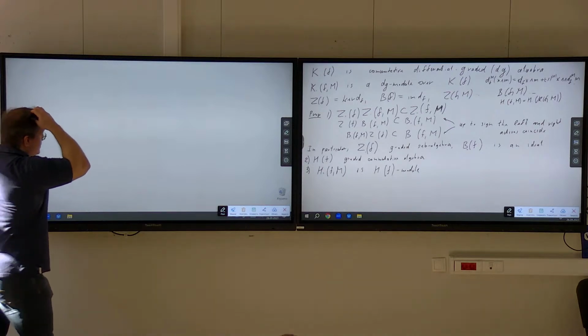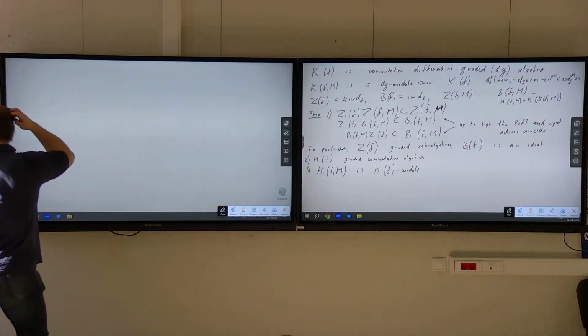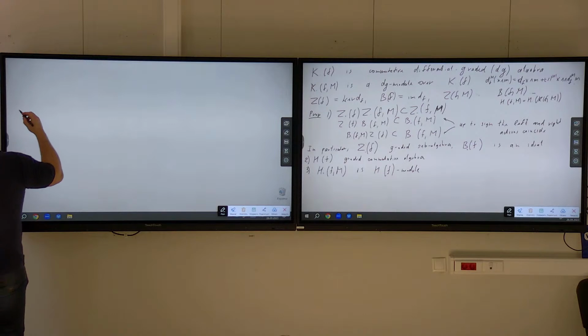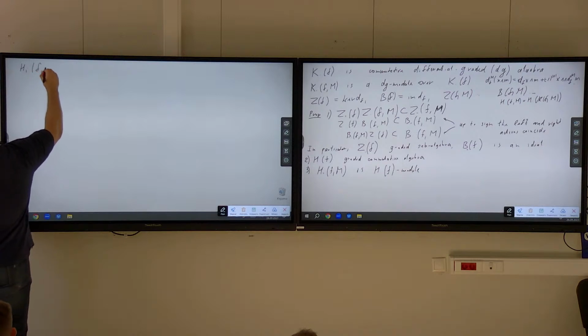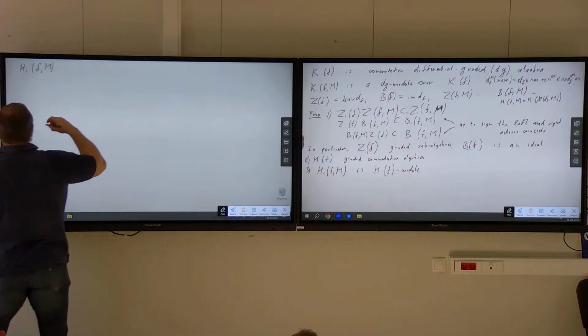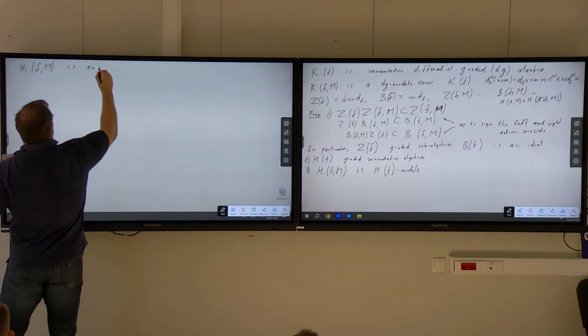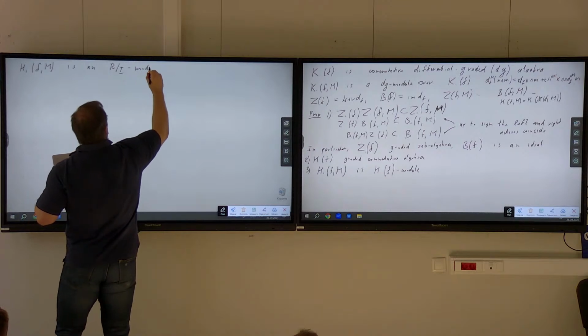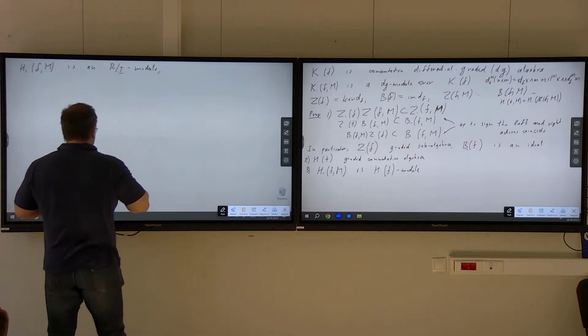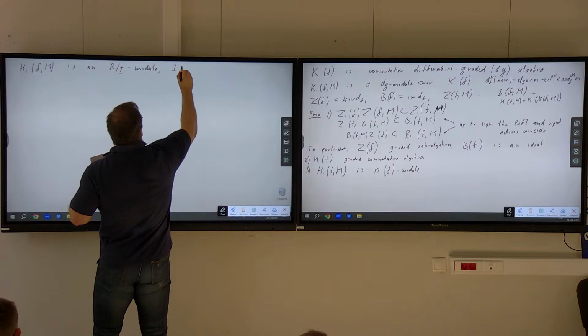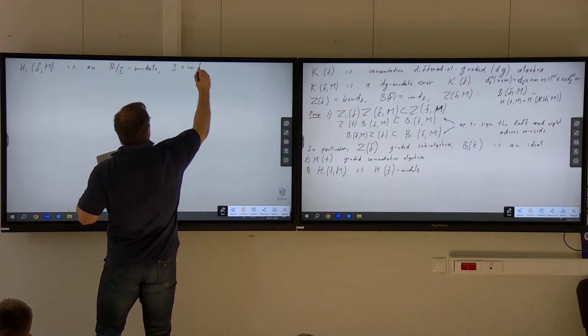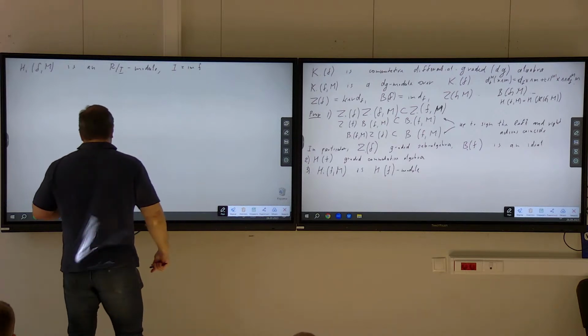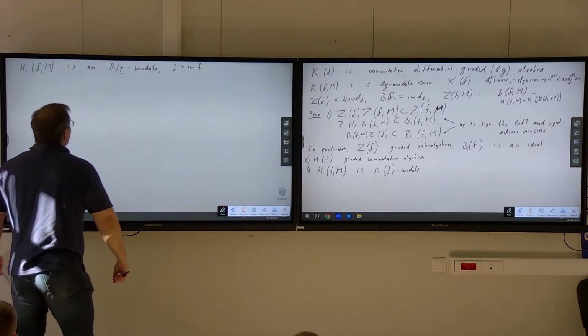But also from this proposition you can notice the following, that H_i for f and M is an R modulo I module, where the ideal I is by definition just the image of the linear form f. Right?